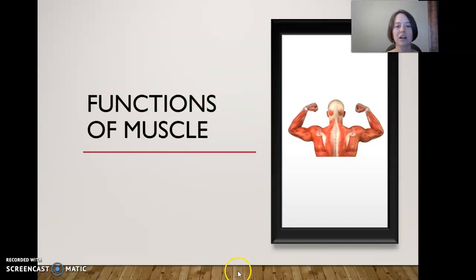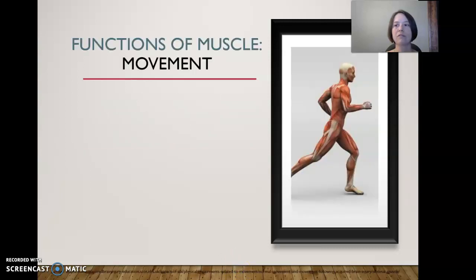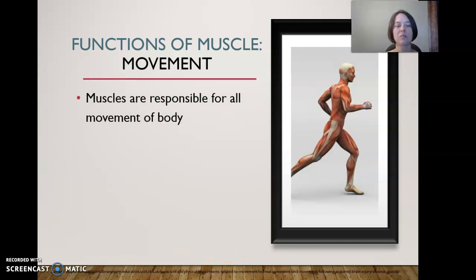Right, the last thing I want to talk about today are the functions of muscles. So, the first one is movement. And movement, muscles are responsible for all movement of the body. So let's break this down by type of muscle tissue.